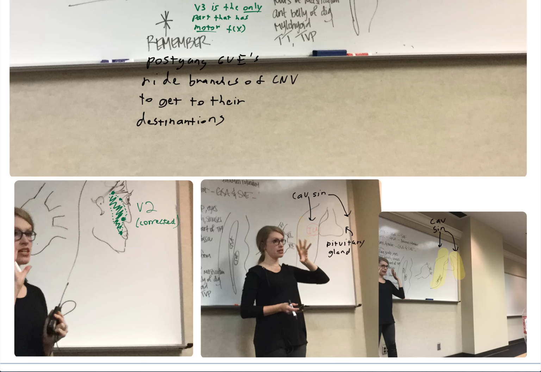Right next to the internal carotid artery, you have the abducens nerve. Also going through it, you've got the oculomotor nerve, the trochlear nerve, and V1 and V2.